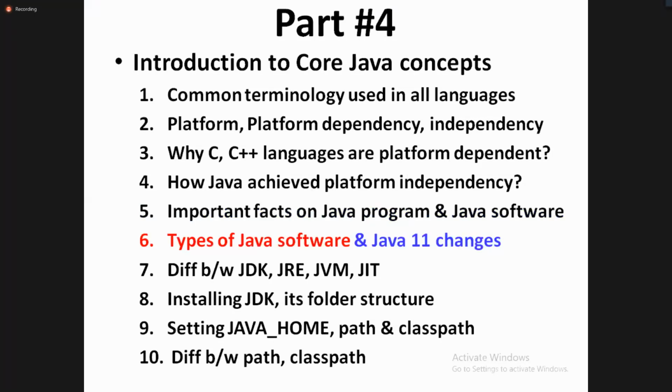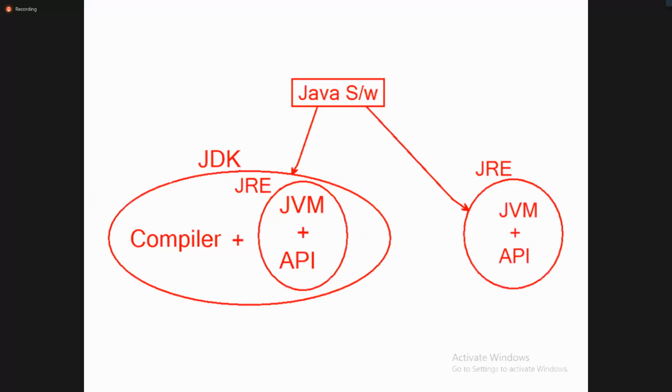Now moving to types of Java software, Java 11 changes. Now Java software has two types, JDK and JRE. If you install JDK, JRE is also installed.